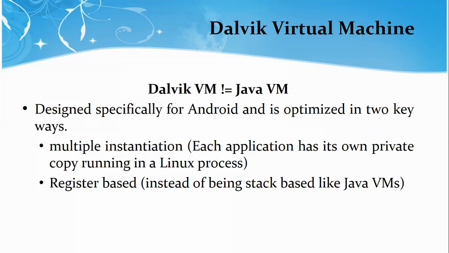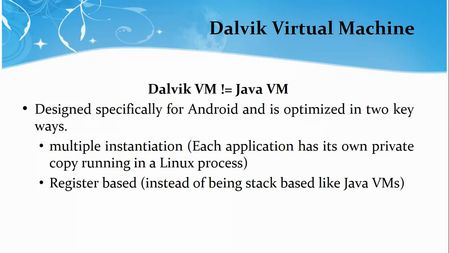But what about my phone? In my phone, each app, when I tap on it and open it, one virtual machine gets created for each of my apps. Please remember that. Each app has its own private copy running in a Linux process.